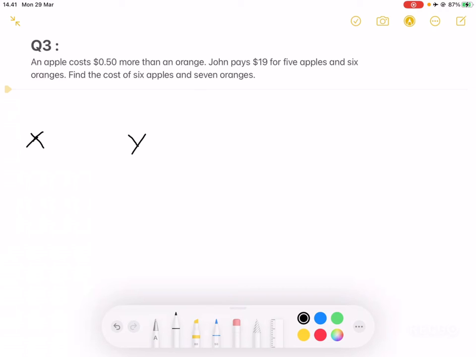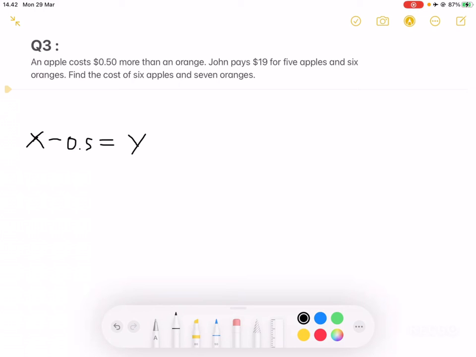From the first sentence, we know that x minus 0.50, or just 0.5, is equal to y, since an apple costs $0.5 more than an orange, which is the value of y. And here I'm just going to drop the dollar sign because it will probably be easier in this case.